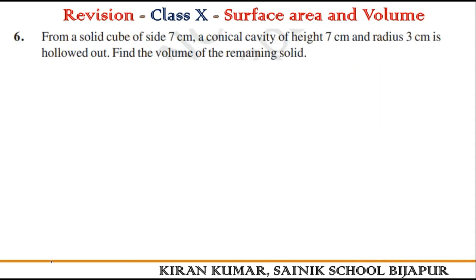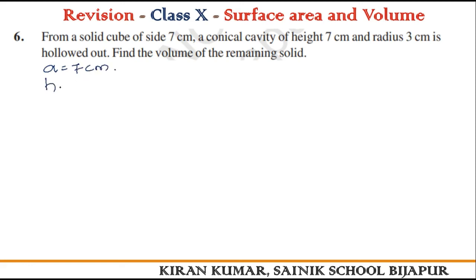Question number 6. From a solid cube of side 7 centimeter, a conical cavity of height 7 centimeter and radius 3 centimeter is hollowed out. Find the volume of the remaining solid. Here the side of the solid cube I'll consider as A. This is 7 centimeter.